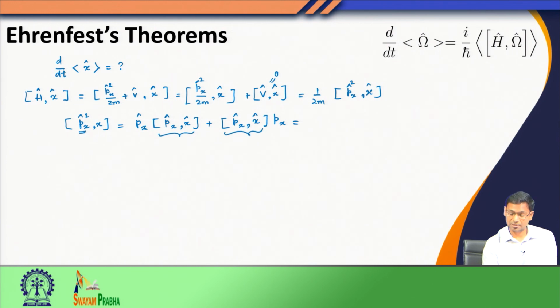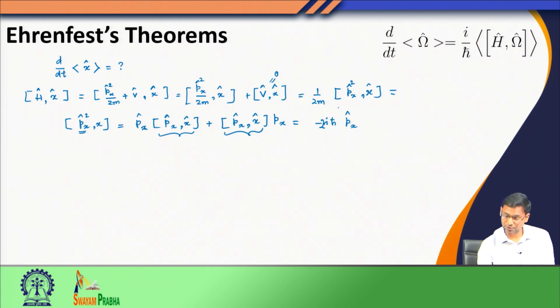Now, when I look at this p x with x, I already know that it is minus i h bar, and this will also be minus i h bar p x. So, that will give me minus 2 i h bar p x. This is the commutation between p x square and x.